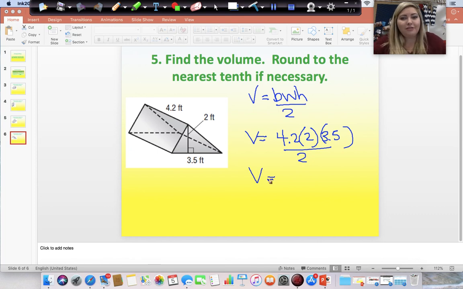So 4.2 times 2 times 3.5 is 29 4/10. And now we are dividing that by 2, and we are getting 14 7/10 feet cubed.